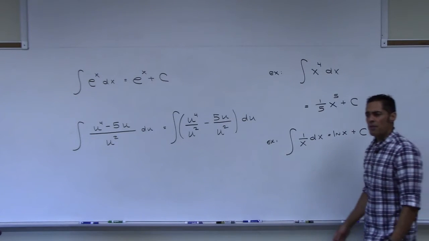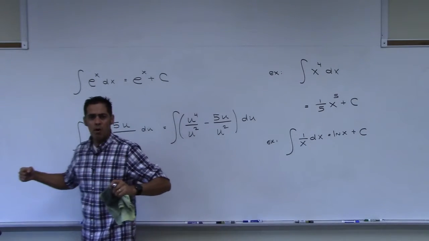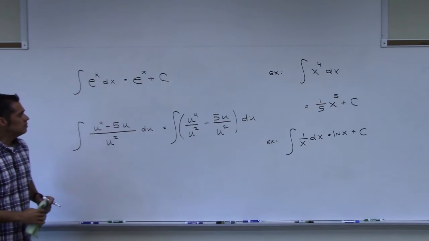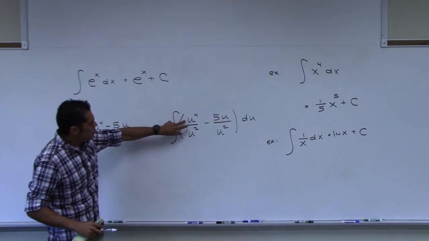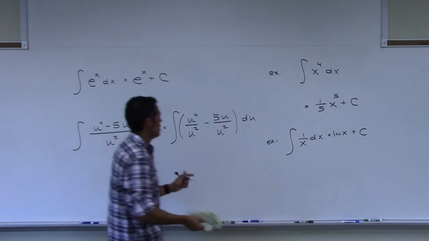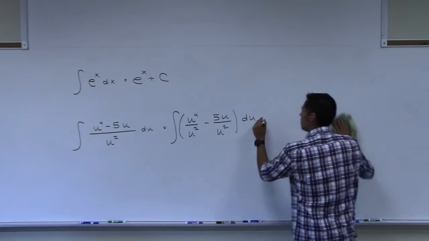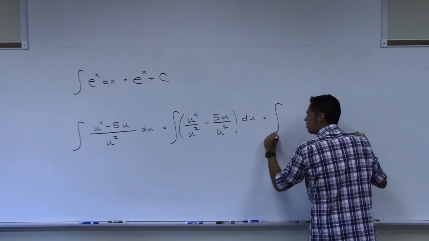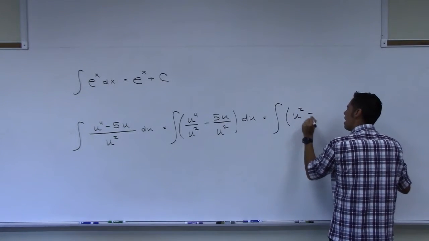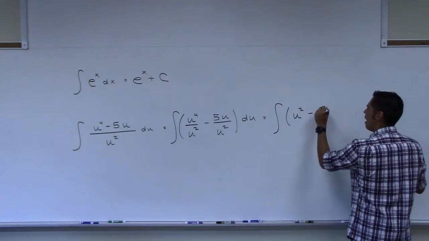That's just properties of fractions. Single term in the denominator, you can pull it apart. Now, what is u to the fourth over u squared? Just do some exponent stuff there. That's just u to the second power. So we still want the antiderivative. We have u to the 2, and then minus, what about the next one? 5.